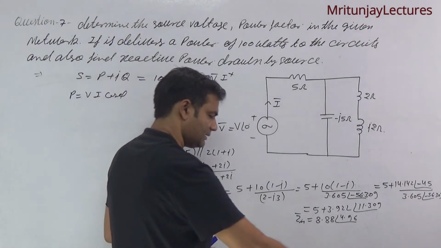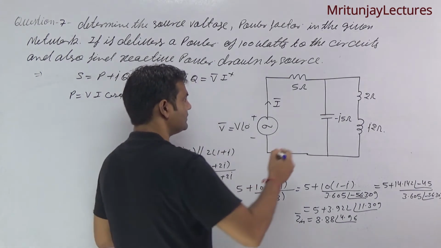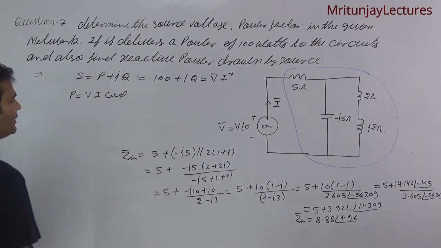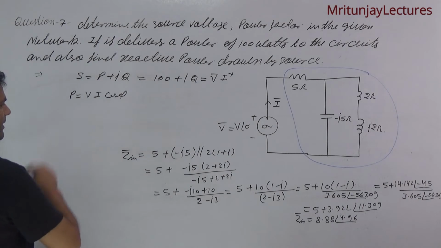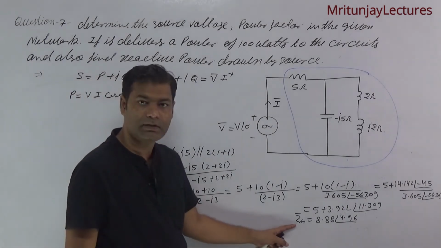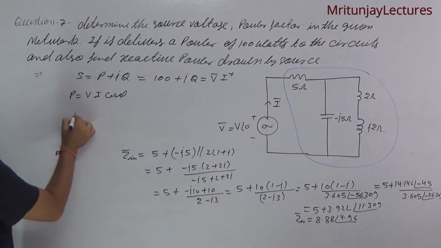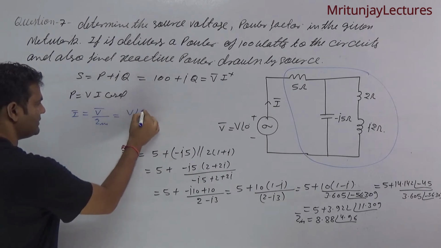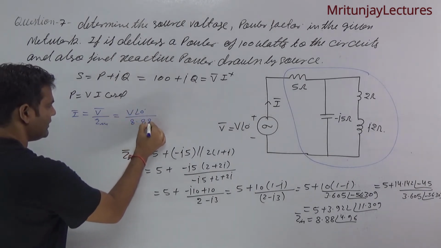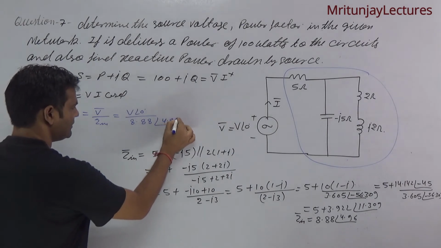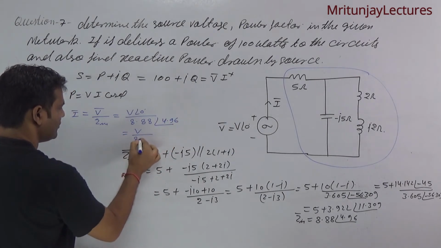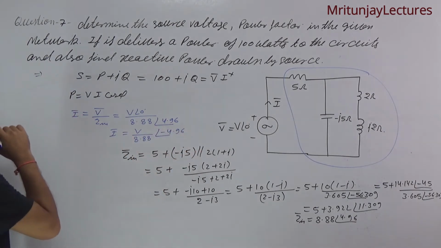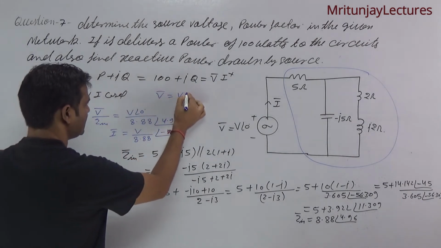Z in means the combination of this one, like this. After that, Z is clear. If you determine I, what about I? I is written as V divided by Z in. V at the angle 0, Z in is 8.88 at the angle minus 4.96. So V divided by 8.88 at the angle minus 4.96, that is I. And V is equal to V at the angle 0.